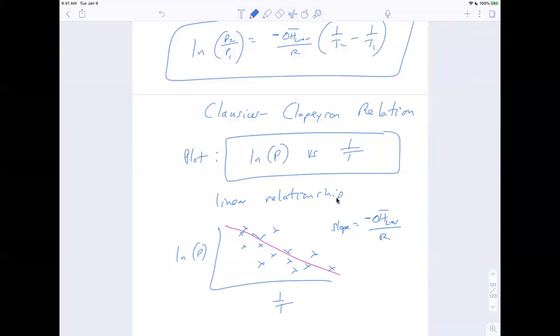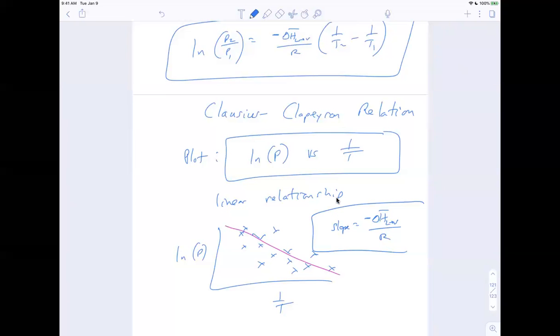You could plot that data and then do a linear regression of log P versus 1 over T, where log P is Y and 1 over T is X. When you do a linear regression on that, you'll get a slope for the line, and that slope is related to the enthalpy of vaporization, or the transition, whether you're going from liquid to vapor or vapor to liquid, apart from the sign. So the slope would be this.